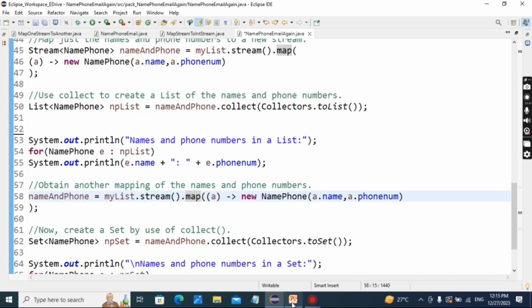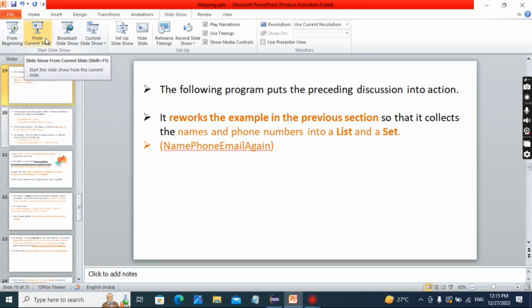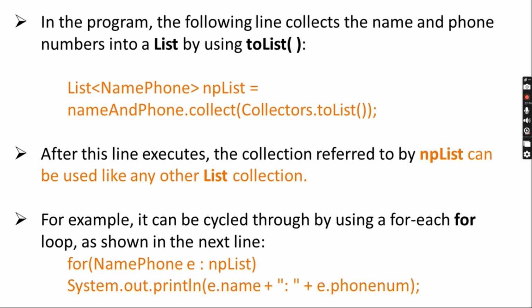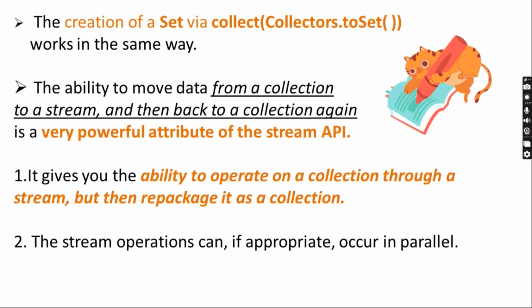The following line collects to list, npList, name and phone stream dot collect Collectors.toList. The collection referred to by npList can be used like any other list collection as we have used in the collection chapter. It can be cycled like in a for loop, for each and every object in npList we are displaying name and phone number. The creation of set via collect is the same way.